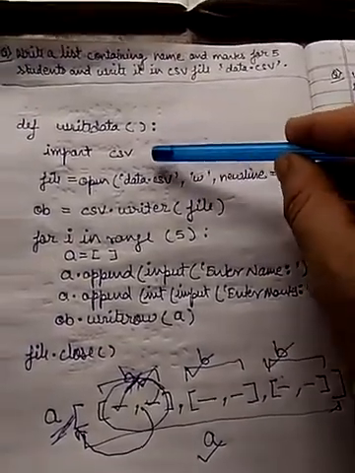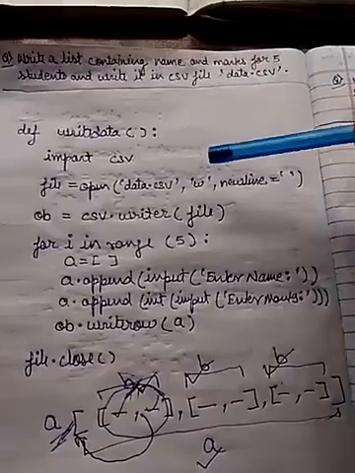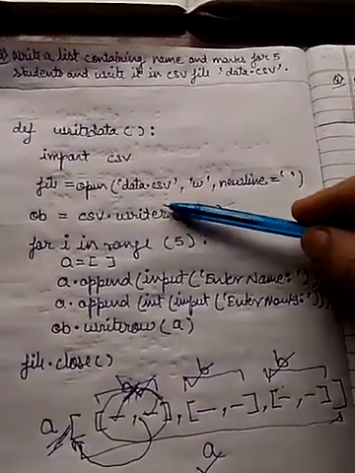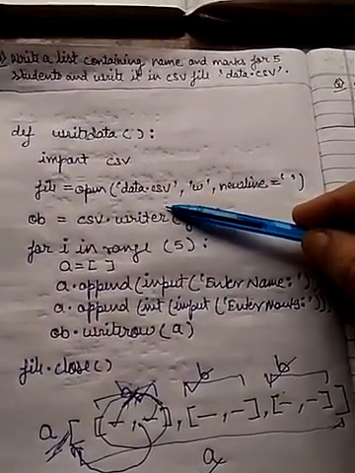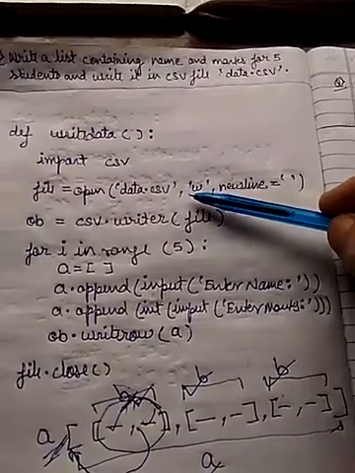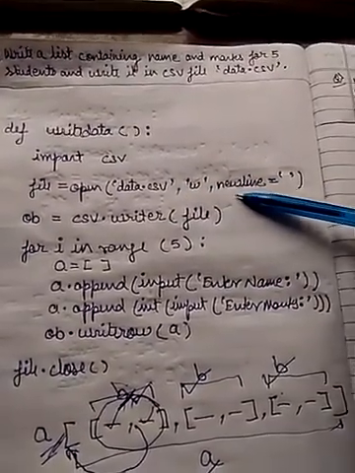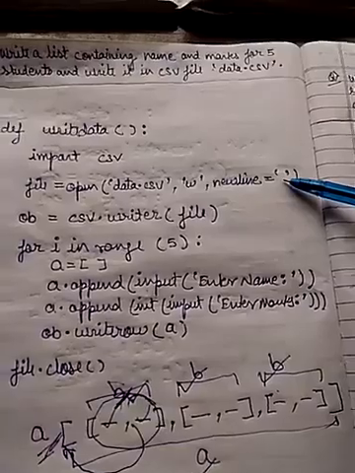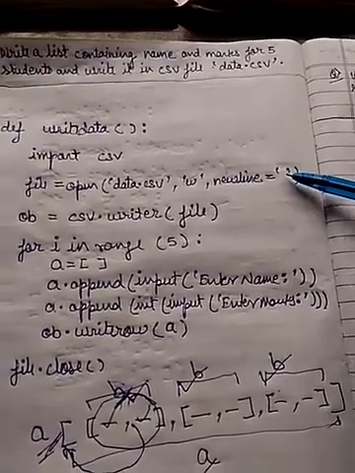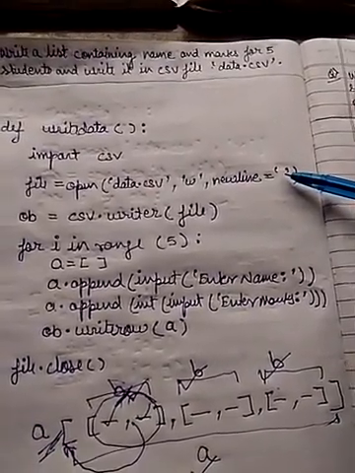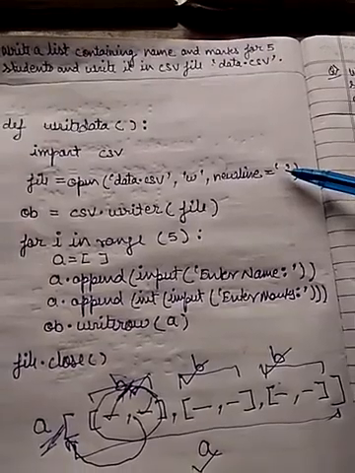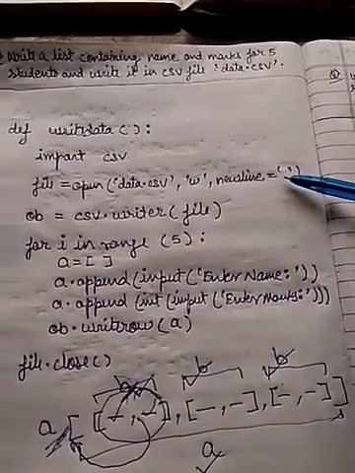First you need to import the package CSV. After that you have to open the file. Remember that while writing in the file you need to pass this parameter new line as blank, otherwise it will interpret the CSV file in a wrong method while reading the data from the file.